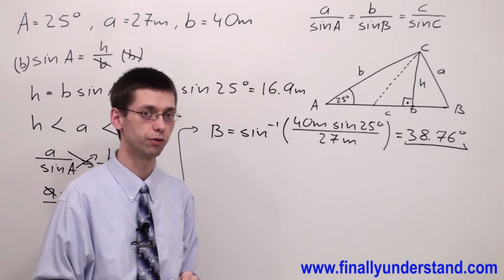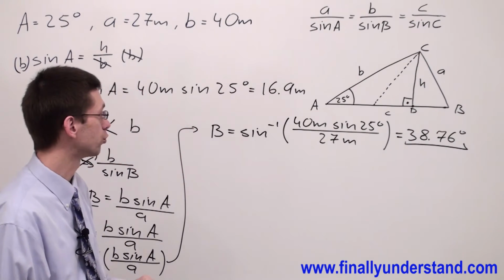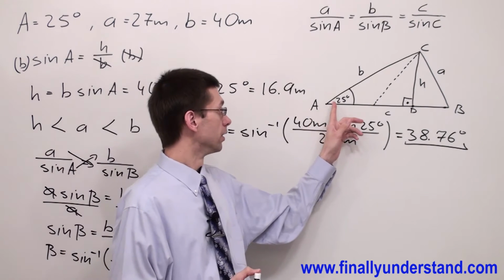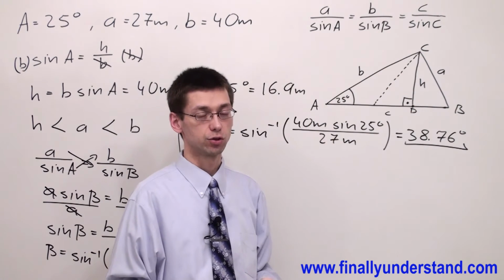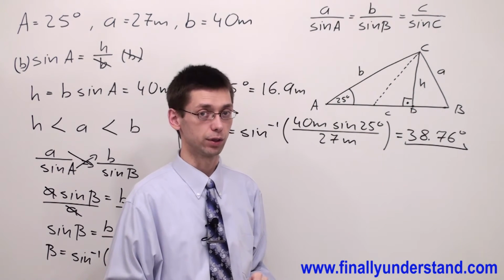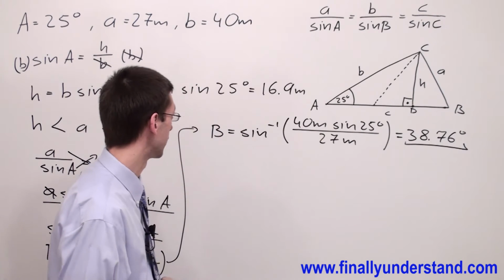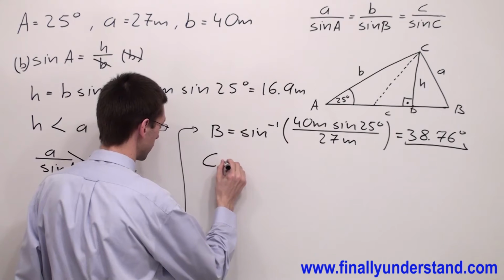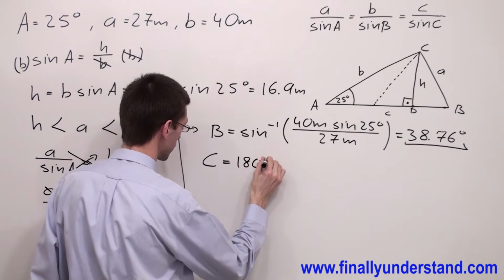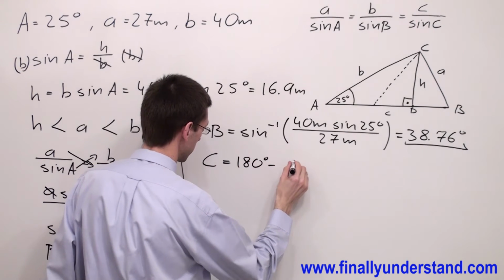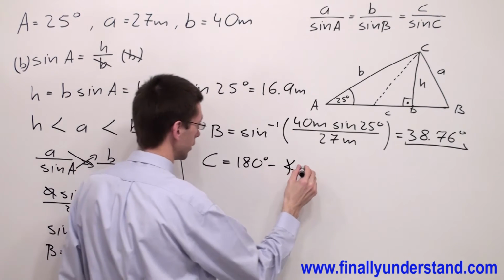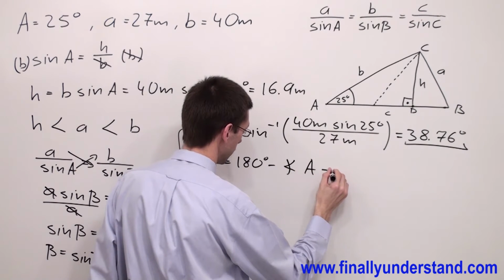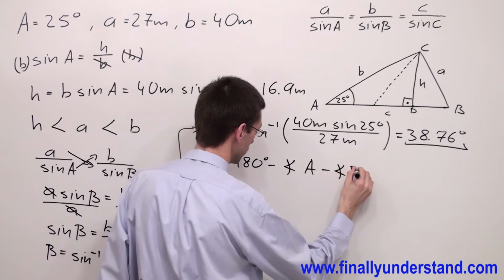In order to find angle C, you're supposed to remember that the sum of all angles in the triangle is equal to 180 degrees. So if you want to find angle C, you're supposed to subtract angle A and angle B from 180 degrees.